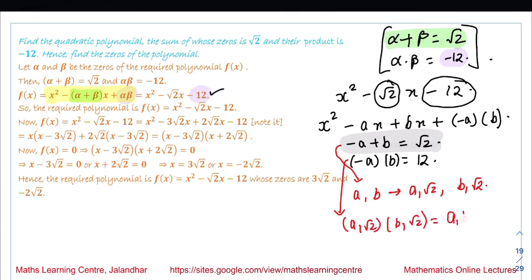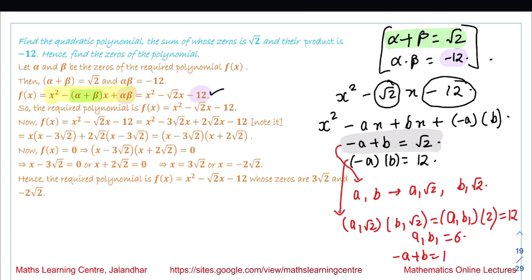So the answer is a1 b1 into 2, and that should be equal to 12. So a1 into b1 should be equal to 6.